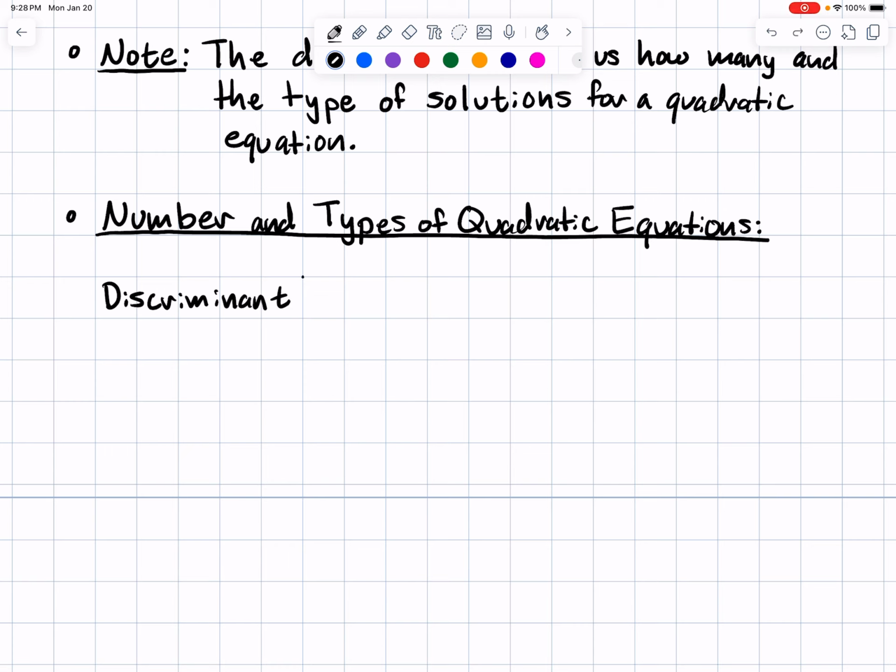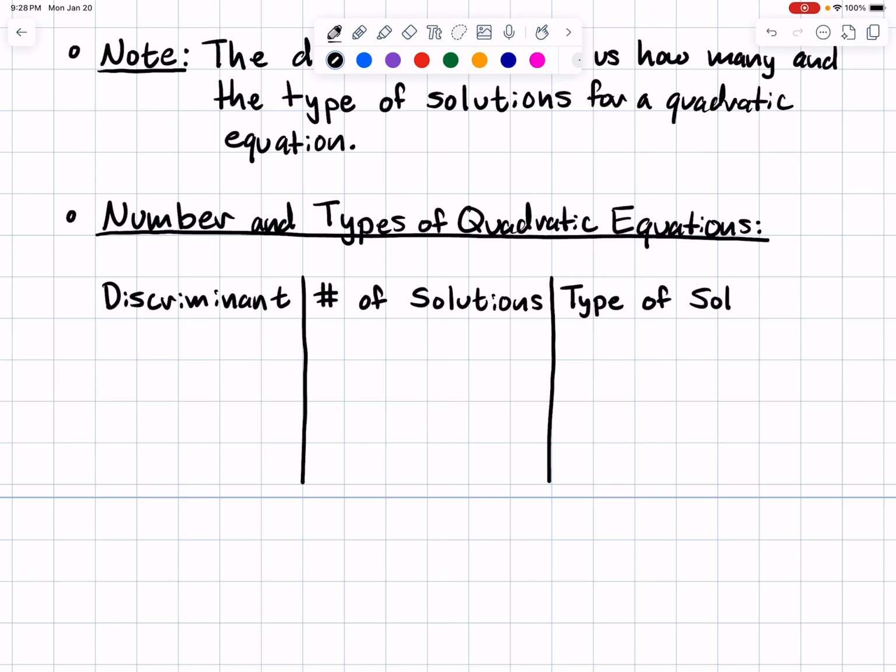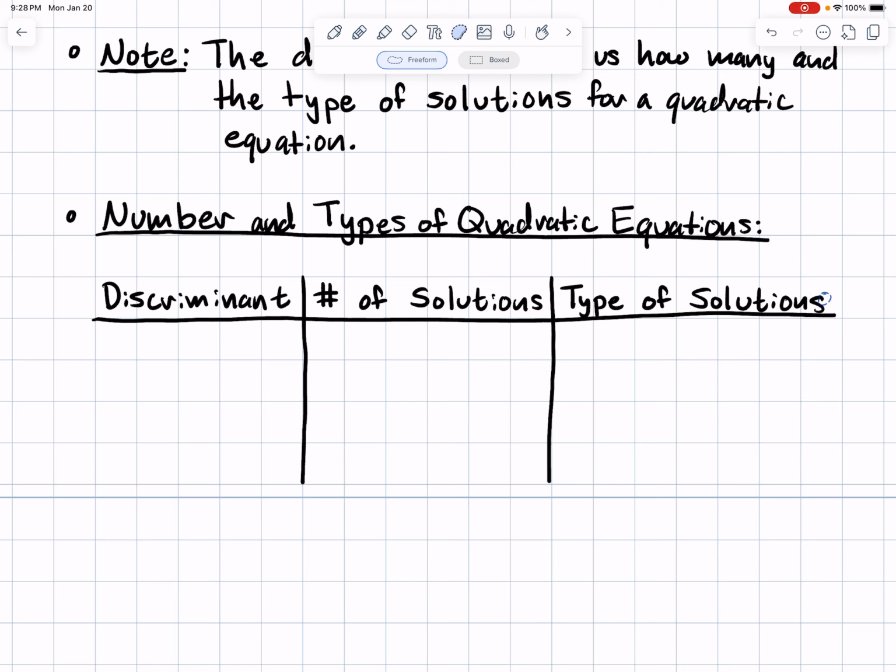Then we're going to have the number of solutions. And then we're going to have the type of solutions.